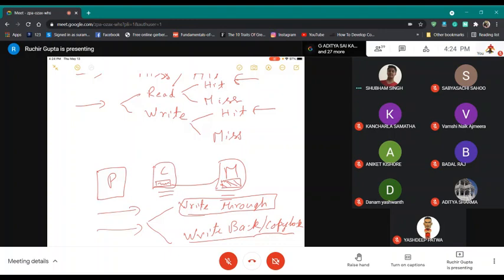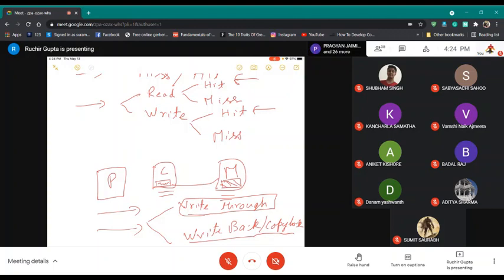So if something is being written again and again, in that case there will be a problem that you are writing all the time to the memory, while in write back or copy back approach, it can be ensured that these multiple writings are not actually affecting the things.